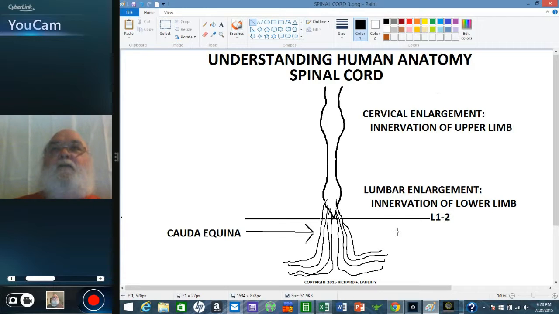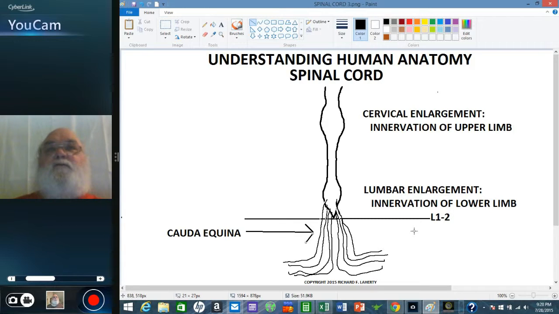There are spaces between these membranes, the subdural space, is a potential space. It's not open unless something fills it or oozes into it. The subarachnoid space, which is not a potential space, it's a true space, and is filled with cerebral spinal fluid. And then in the spinal cord, we have an epidural space between the dura and the bone.